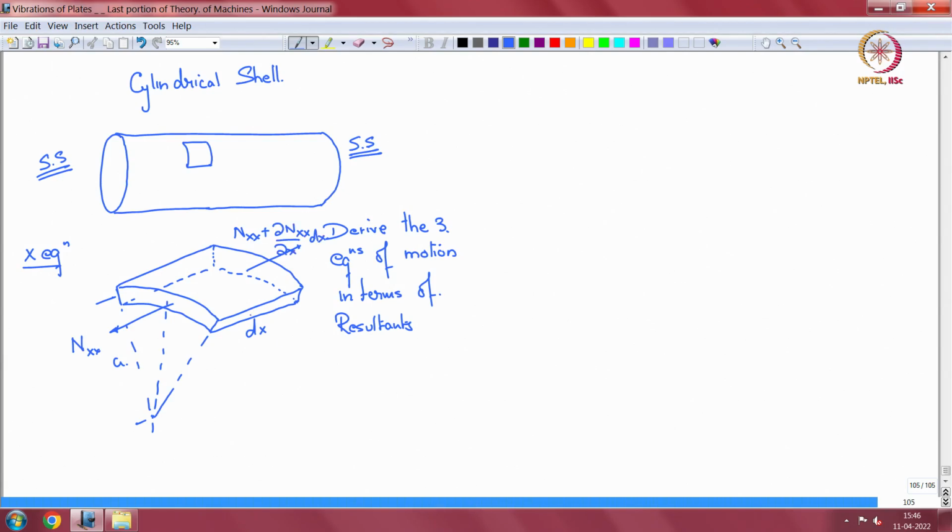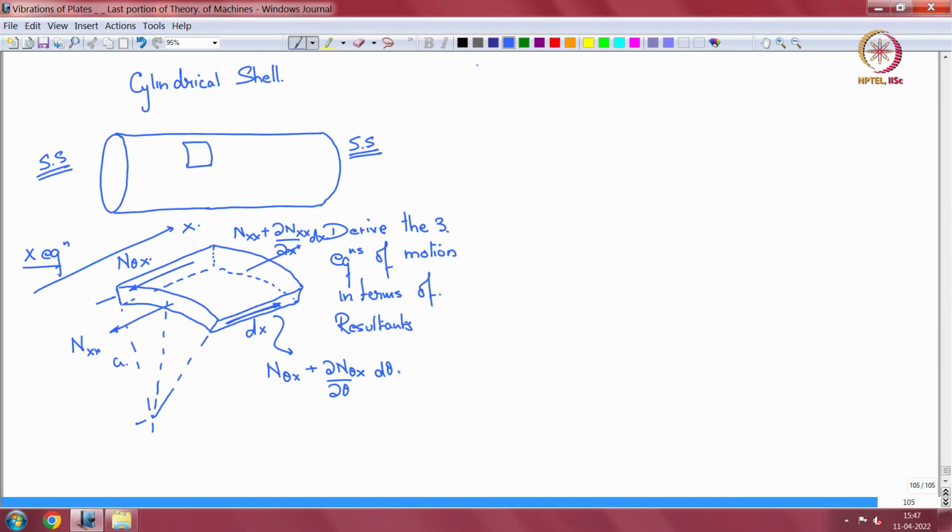Then this shear resultant will contribute, n theta x, this is n theta x and this is n theta x plus del n theta x by del theta d theta. There will be no other component contributing to the x direction.